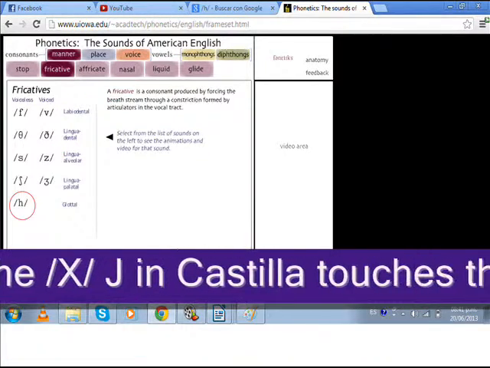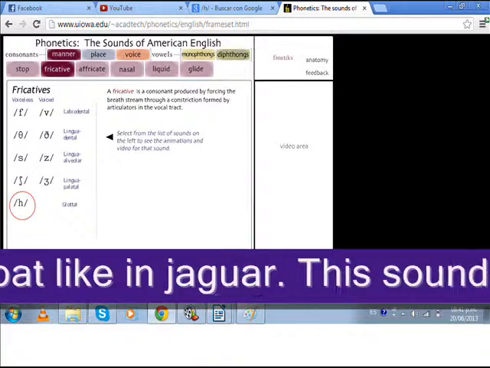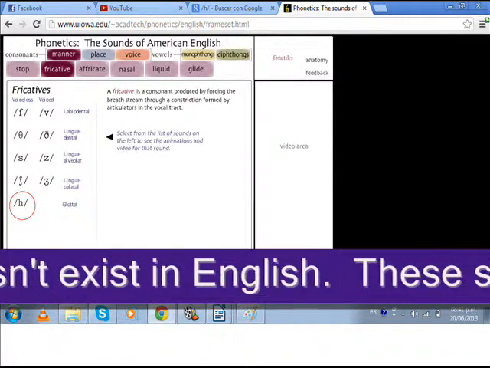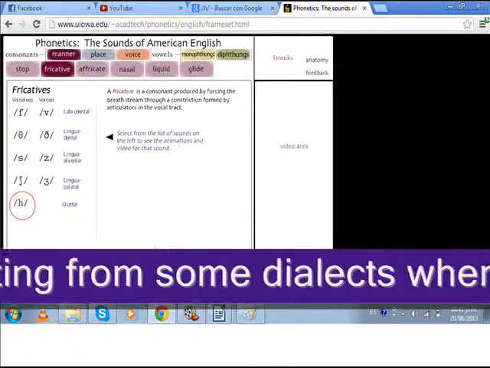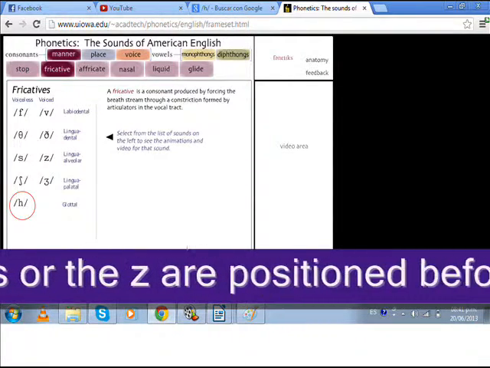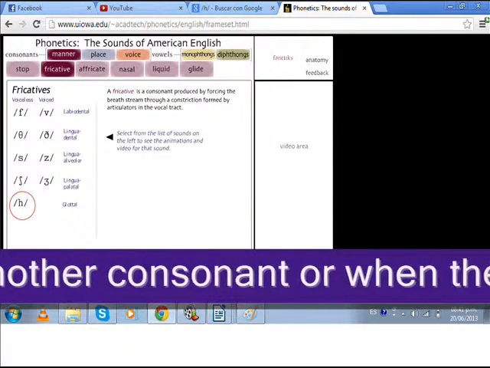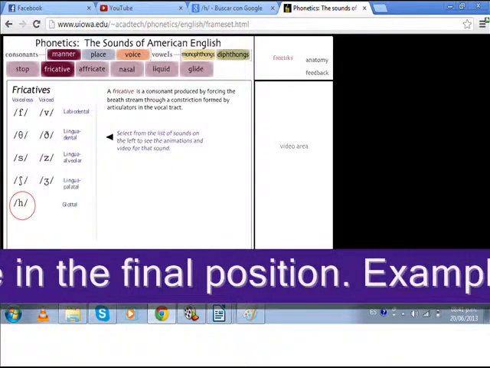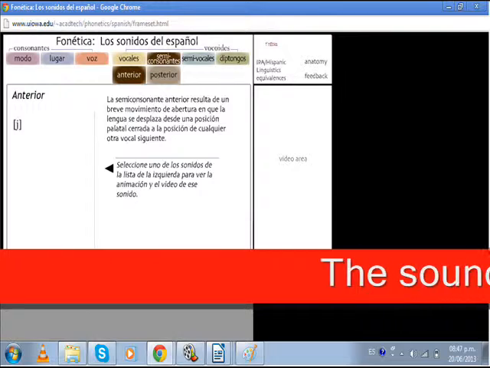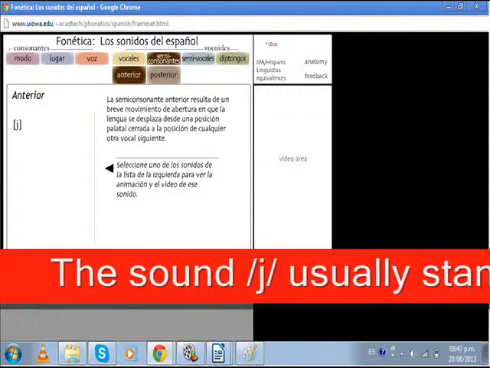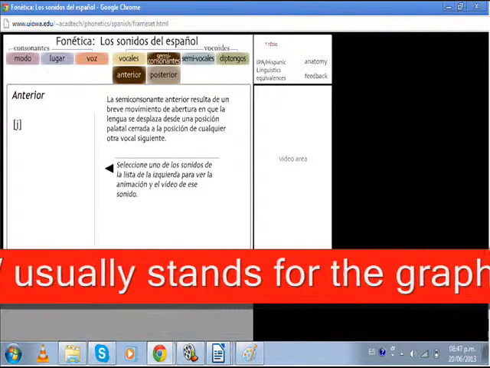The sound is like the pronunciation of the grapheme J in Cuba or Andalusia. It means that it is aspirated. Example, house, heart, while the in Castilla touches the throat, like in the word jaguar. This sound doesn't exist in English.